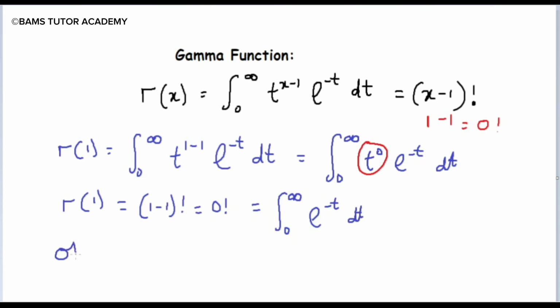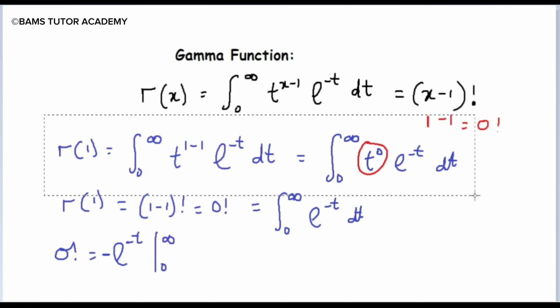So 0 factorial will now be, if I integrate exponential minus t with respect to t, because we have the t, which means I'm going to differentiate this guy here, and of course that's going to be minus 1. I multiply it with exponential of minus t, then I'm going to have minus exponential minus t, starting from 0 to infinity. And that's all.